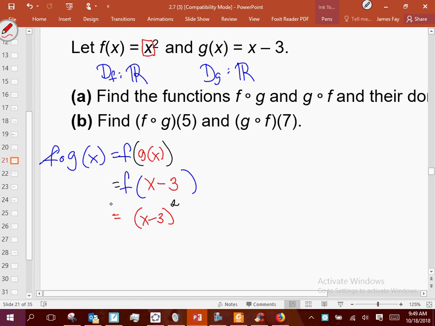And that thing right there is the composite function F composed with G. Okay? On the contrast, a lot of times it's a common theme of questions. Once you do F composed with G, they ask you to do G composed with F.